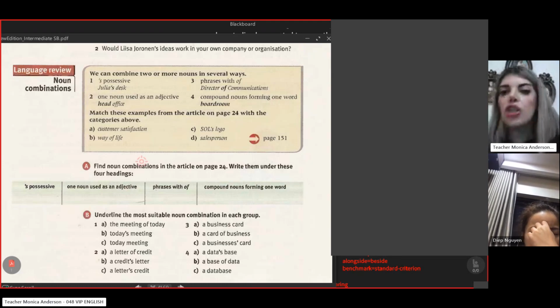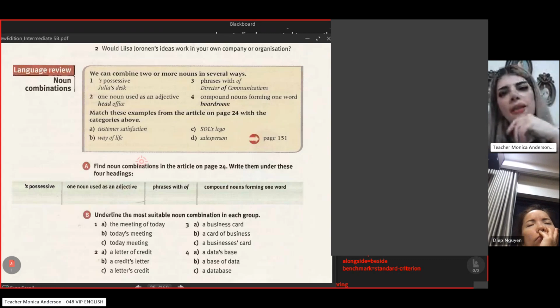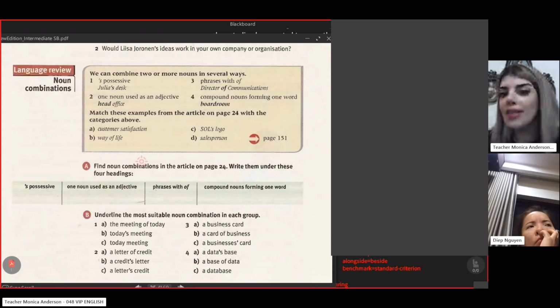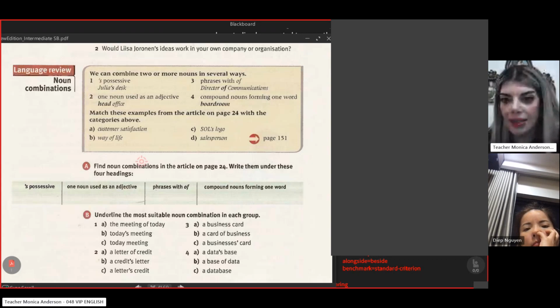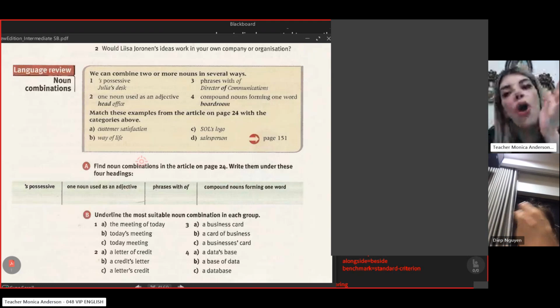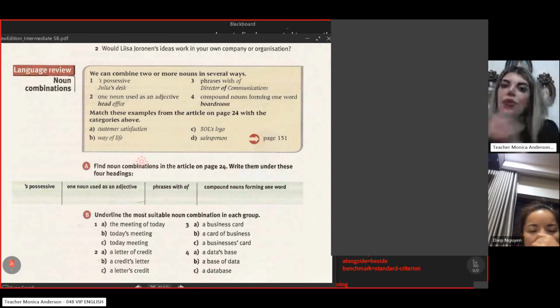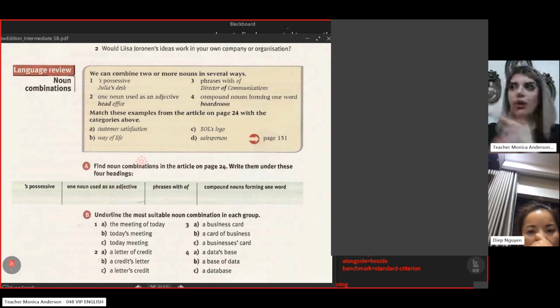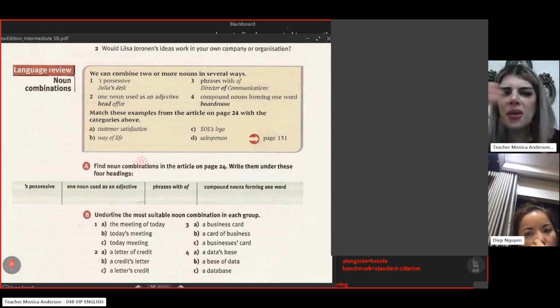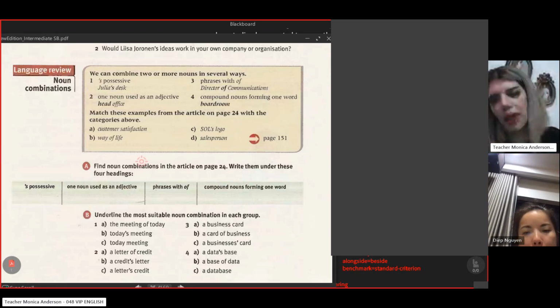Then sometimes, for example, we have a wall. Can I say walls color? No, a wall is not a person, so I can't add s. We say the color of the wall. Or sometimes I can say wall color. It's two nouns, where one is used like an adjective.